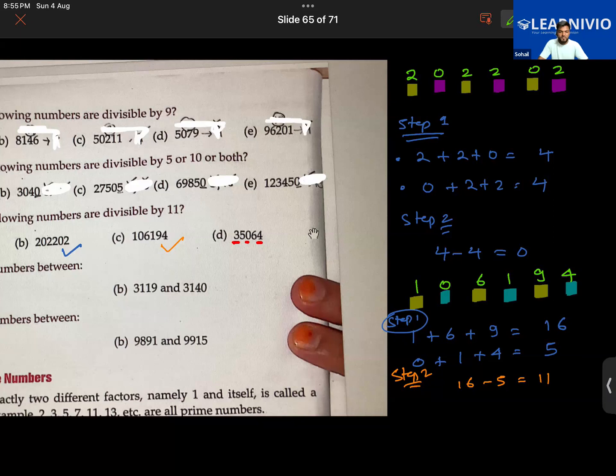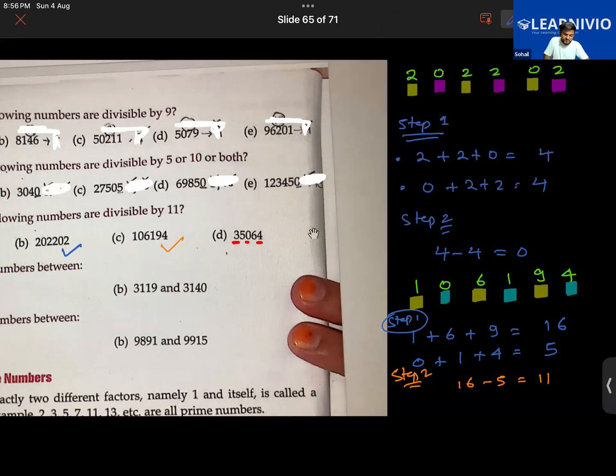It's simple enough. Habib, it's not that difficult. By now, you should be able to find out the difference.